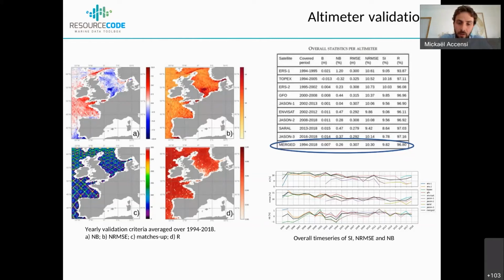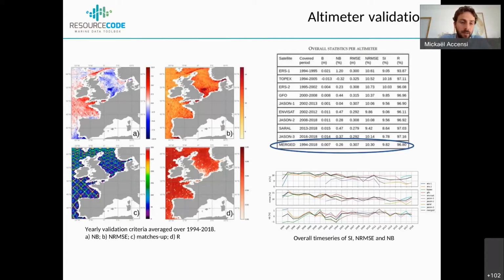And then if we look at the time series below, you can see the statistics for every year of the Hindcast. And so each color represents an altimeter statistic. And if we focus on the black line, which is the merged product, you can see that it's pretty steady over the years, with a slight improvement for the latest years.